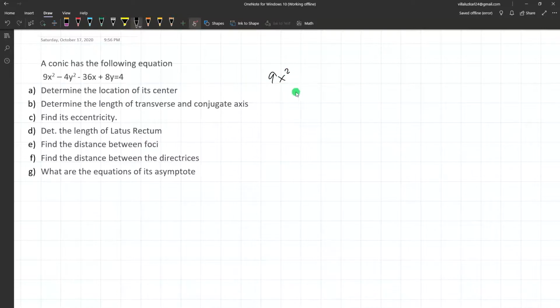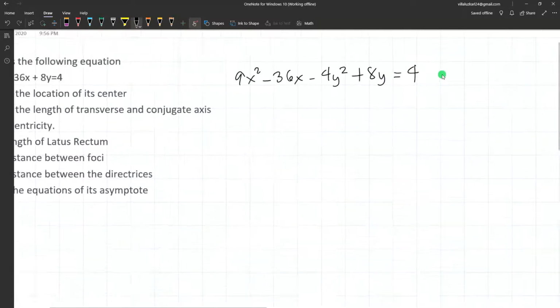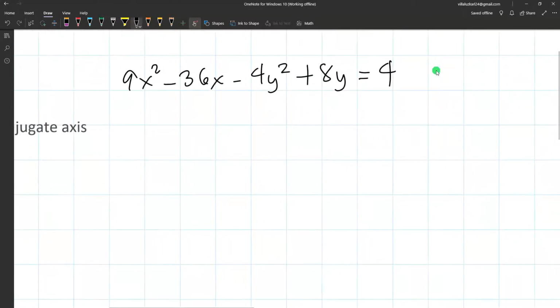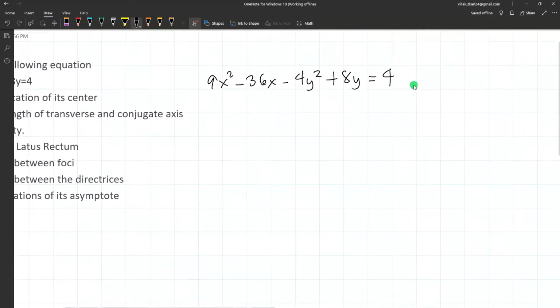Let's rearrange our equation by grouping the terms with the x variable and the y variable, and put the whole number on the right-hand side of the equation. Let's change this to the standard form by completing the square.